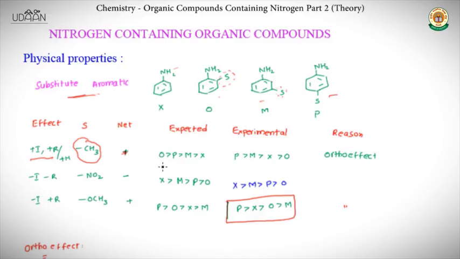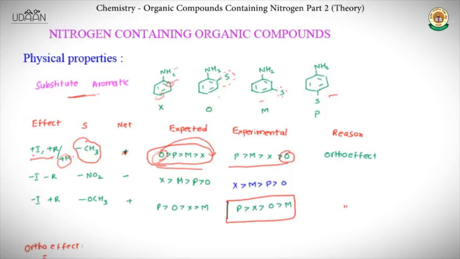We expect that ortho greater than para greater than meta greater than X. This is because for CH3, since it is plus I, it donates electrons more. So first you have ortho, and you know that plus H character is more at ortho and para positions. So you observe this one, but experimentally it is observed that ortho is at the last.